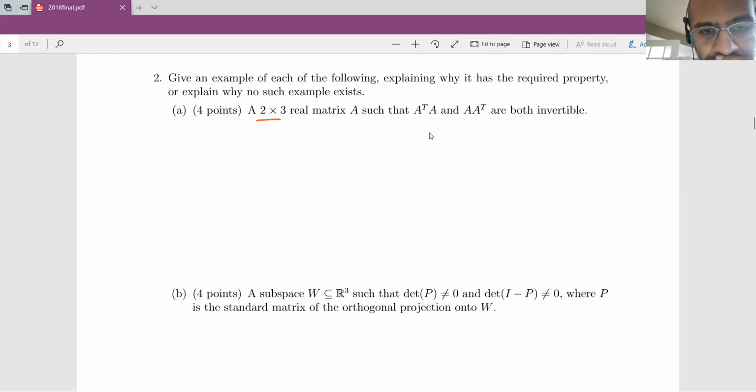Could we look at the relationship between the rank of A transpose A and A A transpose? Good point. So first of all, what's the rank of A? Well, we don't know, but can it ever be 3?